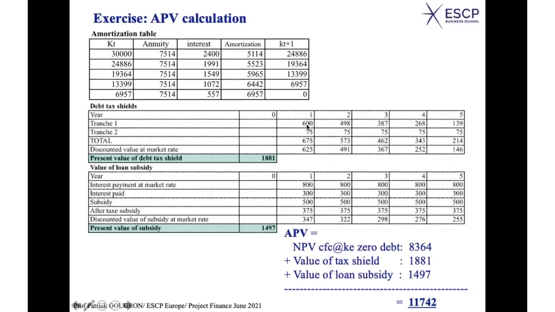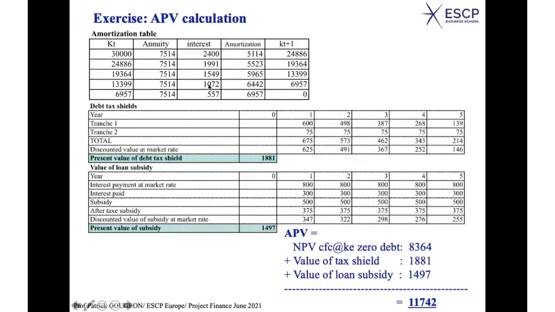In other words, because you pay this amount of interest, you reduce your taxes by 600. And this is taken as a kind of positive flow due to the debt, okay, which is 600. Year 2, it's only 498. Why? Because now we take 25% of a lower amount, which is 1,991, and so on and so on. So the tax shield is decreasing just because the interest amount decreases year after year.